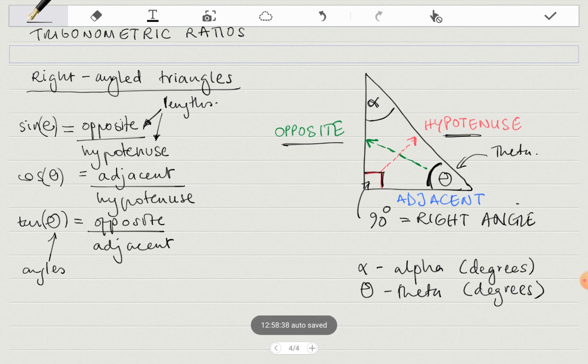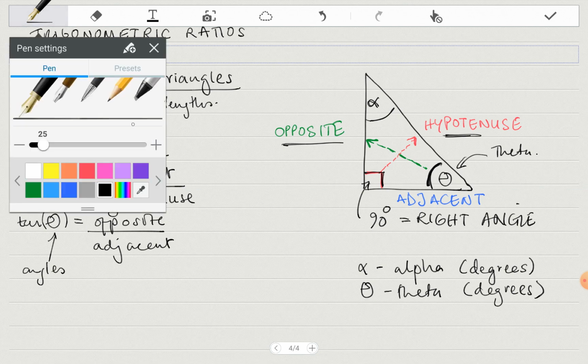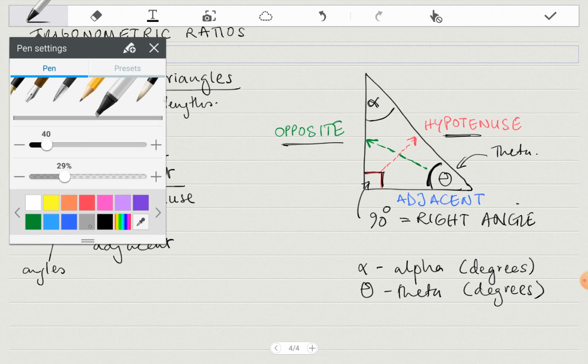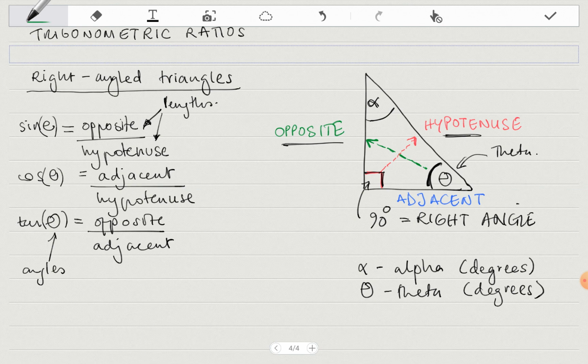These are the three primary trigonometric ratios. There are three more, which are the inverses of these, which I will explain in the next slide. Just another thing to note here, let's color code this for easy reading. So the opposite side, we had it in green.